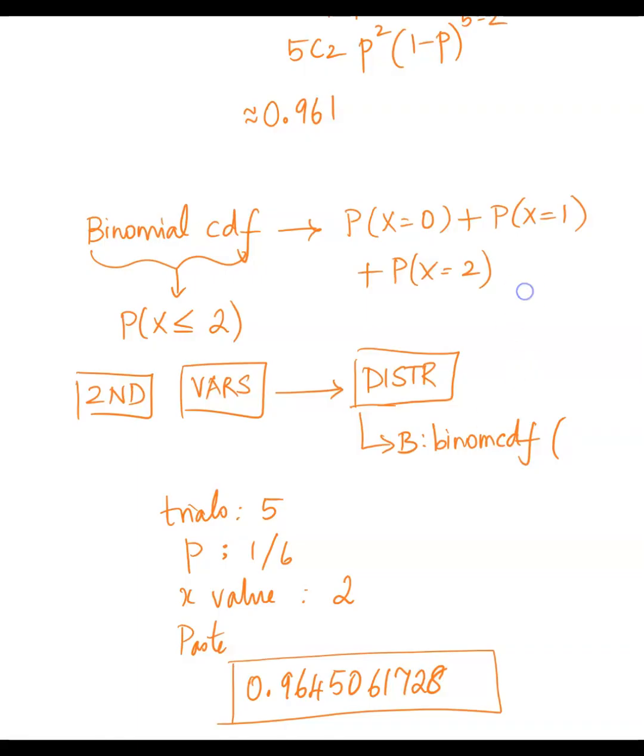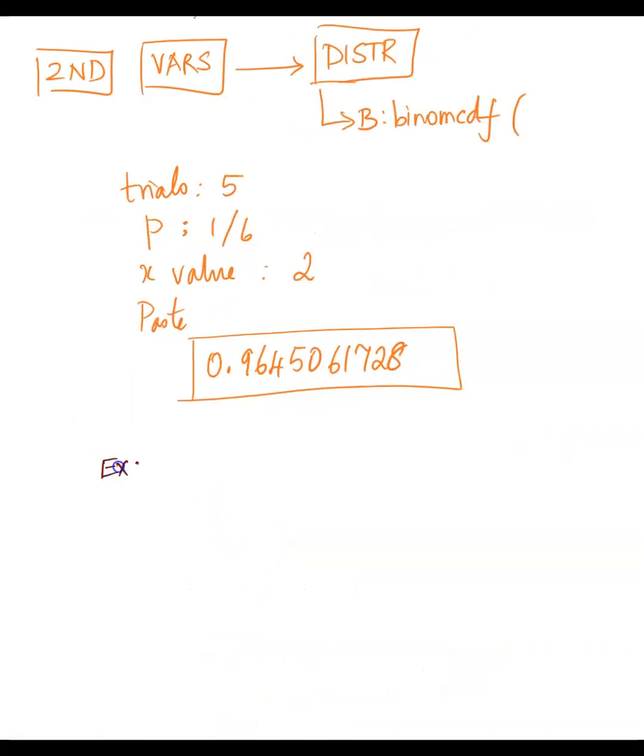So to help you with the terminology we use and what function key to use, we see that we use the word exactly in English, which corresponds to binomial PDF in the calculator. And the notation, for this example, I'm just going to use 2, okay? So this is how you would write this. This is exactly 2 successes, okay?